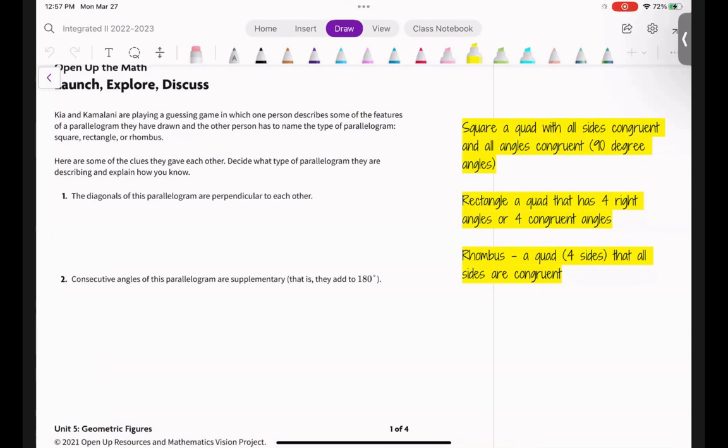Okay, here's a rectangle. So there's my rectangle. And then here's my square. And then here's my rhombus.